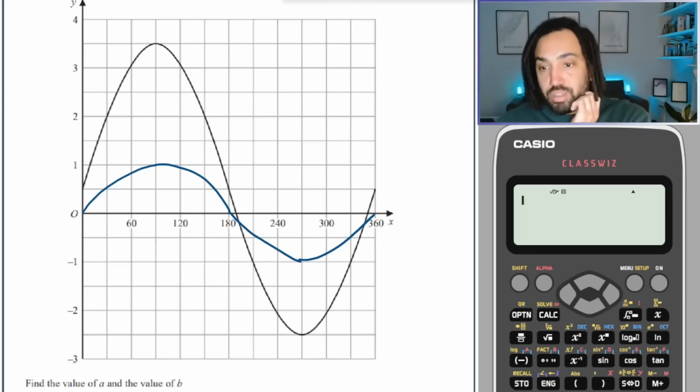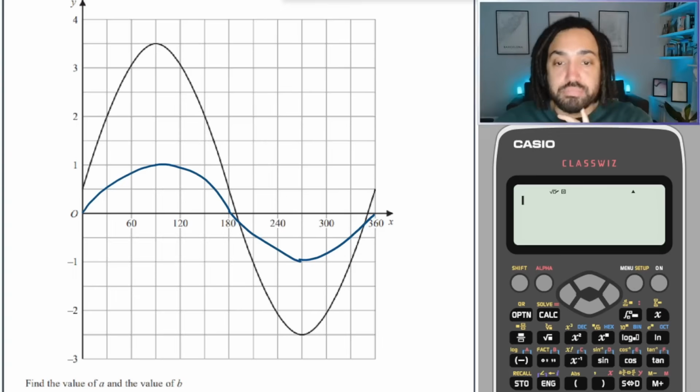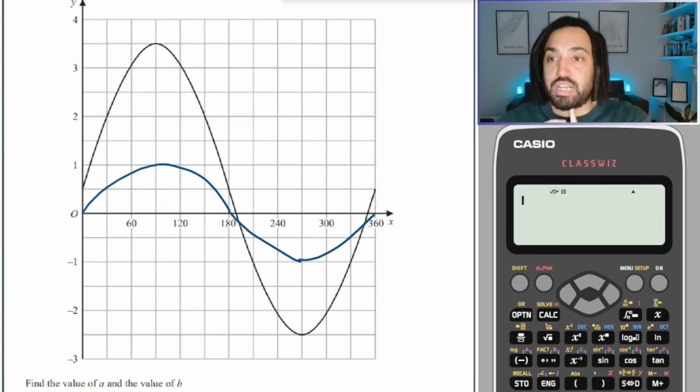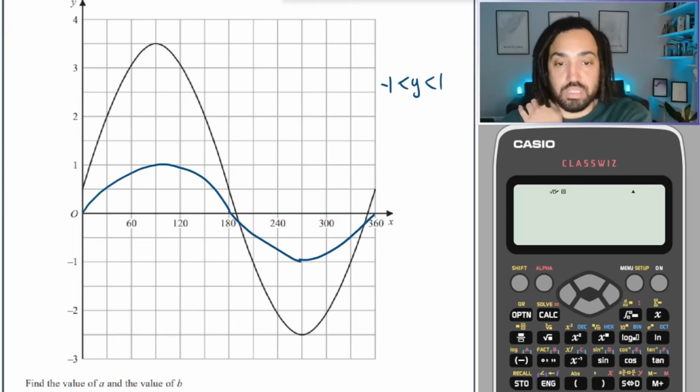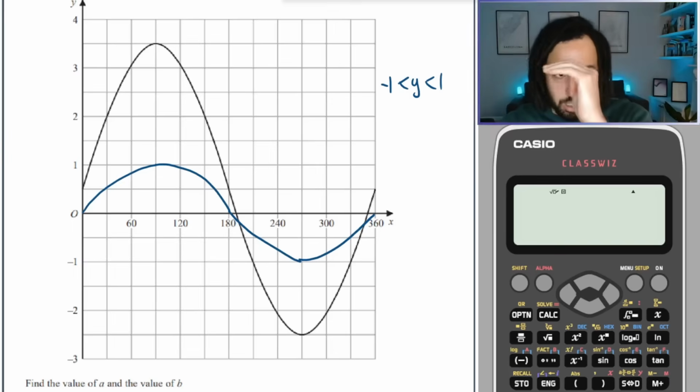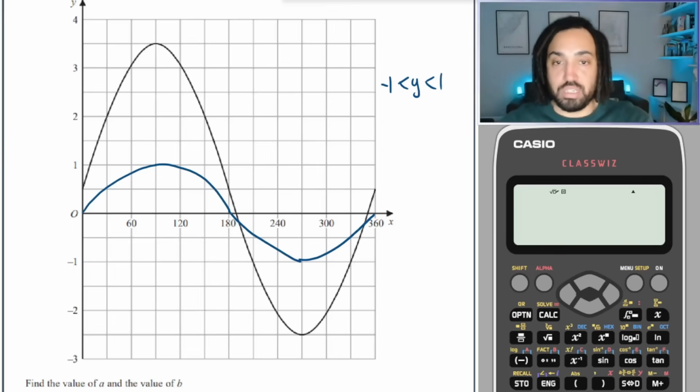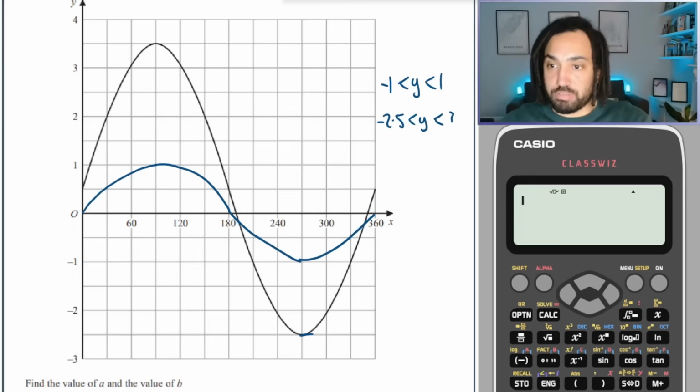Okay, now let's have a look at what the range is of this sine graph. The sine graph goes up to a height of 1 from minus 1. Now that's the range of sine. It goes up to 1 and it goes down to minus 1. This new graph that we have goes to minus 2.5 and it goes up to 3.5.